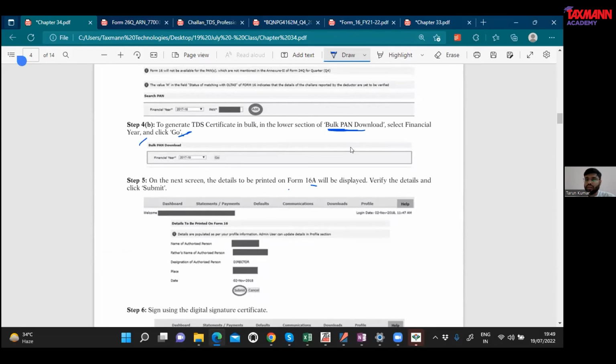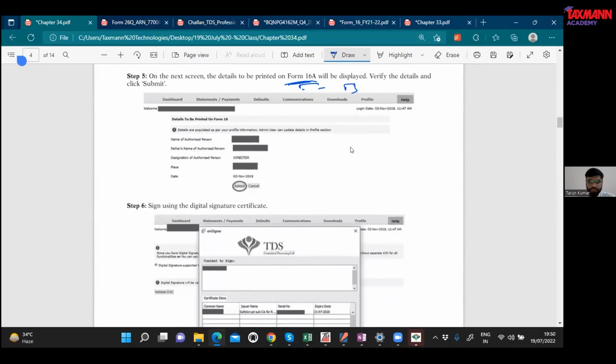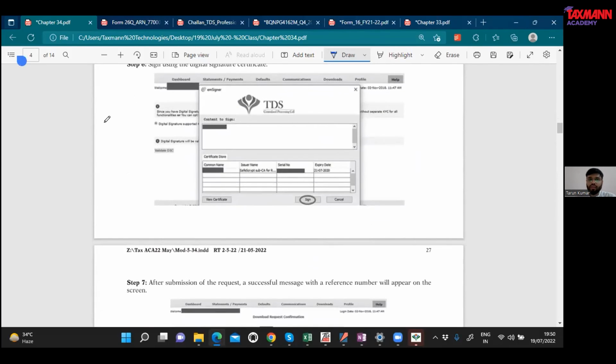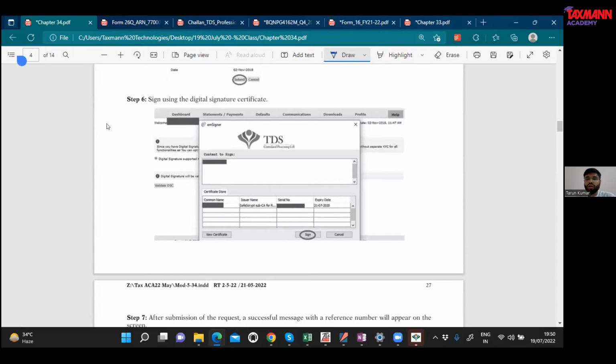On the next page, there were the details of the person who was responsible for payment. There was the name of the director of the company, his father's name, and place and date were mentioned. Then there was the option to do it through a digital signature KYC or a normal KYC. We had opted for a digital signature KYC.